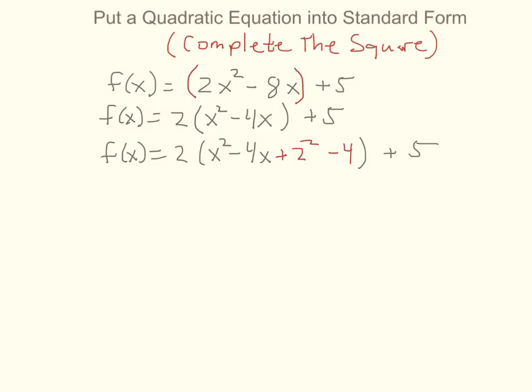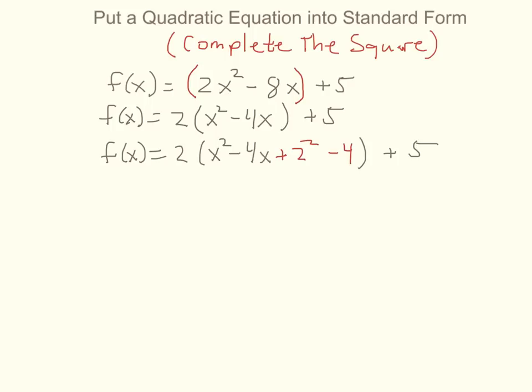He's happy. So notice what I've done at this point. Right here, I took half of that value, which is 2, and squared it. And I added that inside, and I've also subtracted. So this right here is, in effect, adding 0 to the problem, which is perfectly fine. I haven't changed the value. Now, the next thing you have to do, and this is the big jump, is that this minus 4 needs to come out of the parentheses.